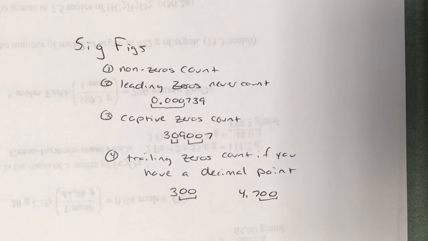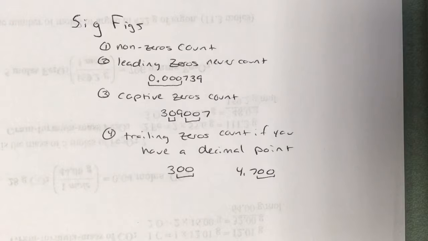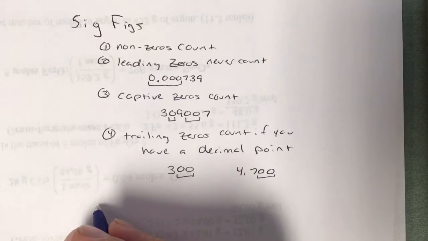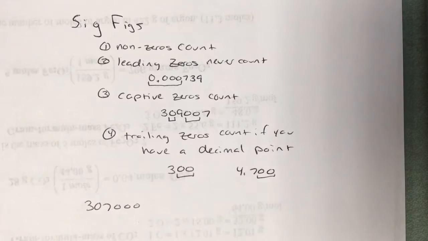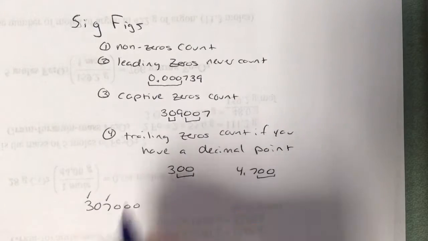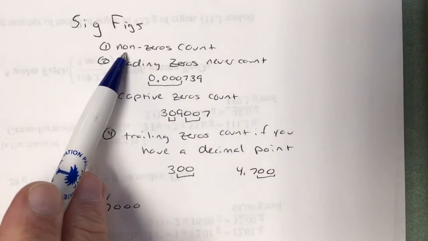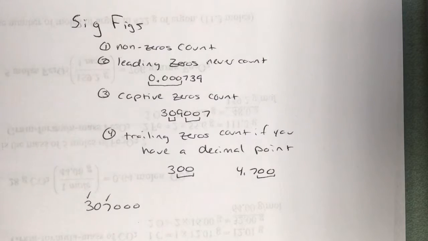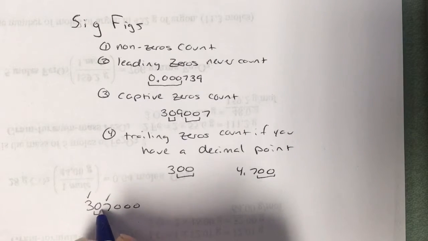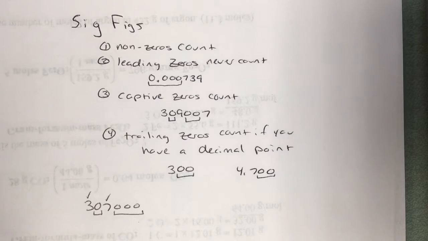Now the first thing you have to do is count significant figures. So I give you a number like 307,000. And you need to count how many significant figures it has. Well, you know the 3 and the 7 are going to be significant because those are non-zeros. Non-zeros are always significant. The question is, what are the zeros?